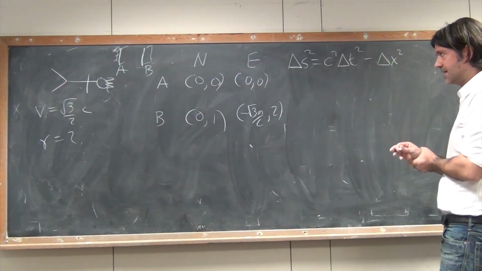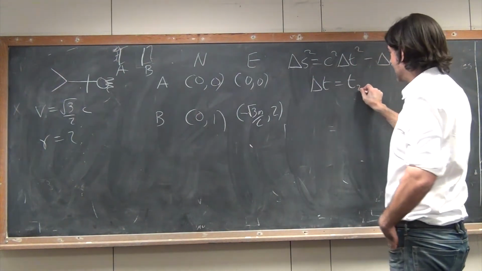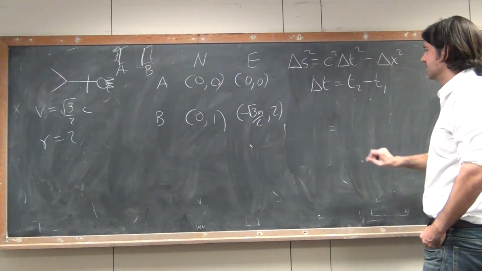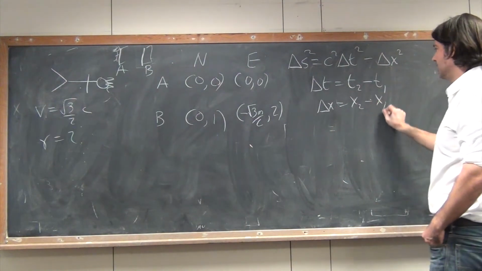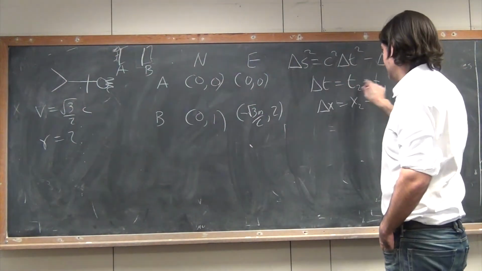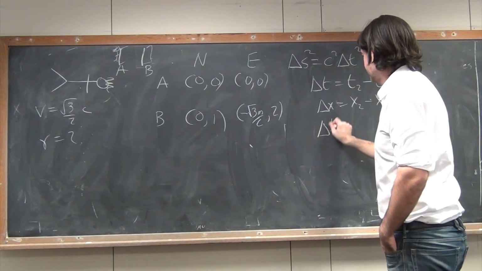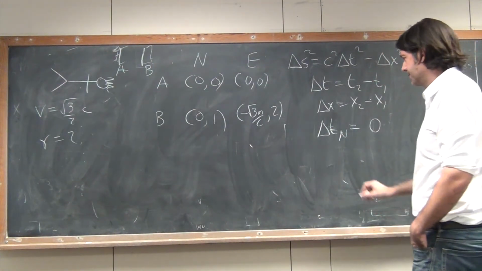This is our invariant spacetime interval. So delta t is the time of the second event minus the time of the first event, and delta x is the location of the second event minus the location of the first event. So for Newton, the times are the same, so the separation in time is 0.